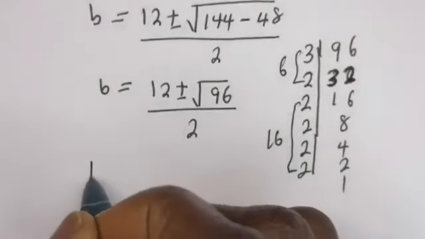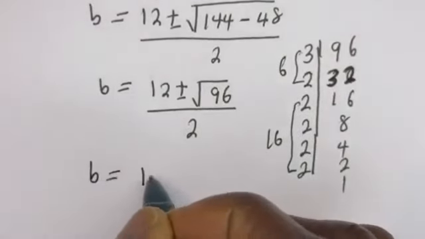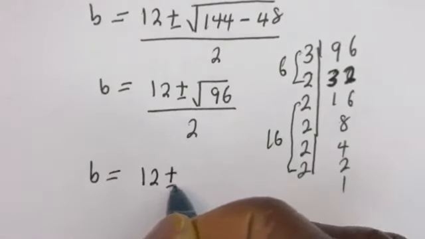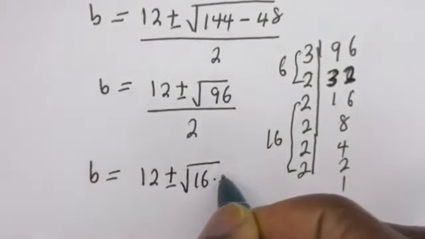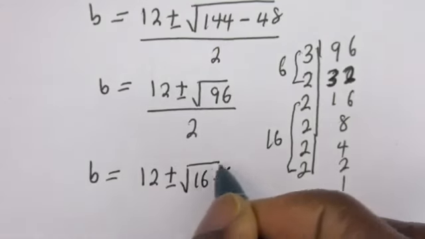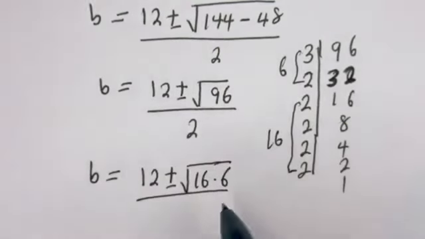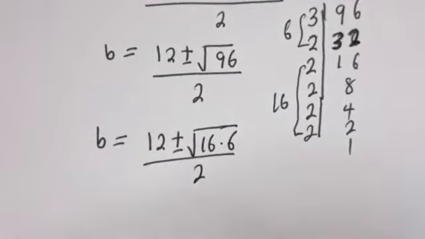Okay? B is equal to 12 plus or minus square root of 16 multiplied by 6, divided by 2.